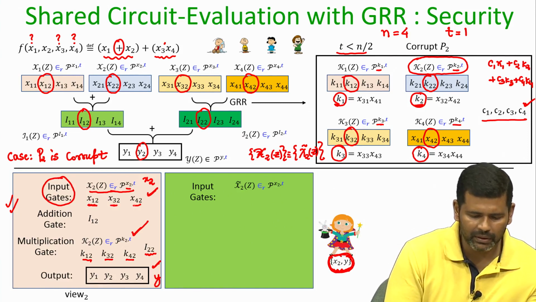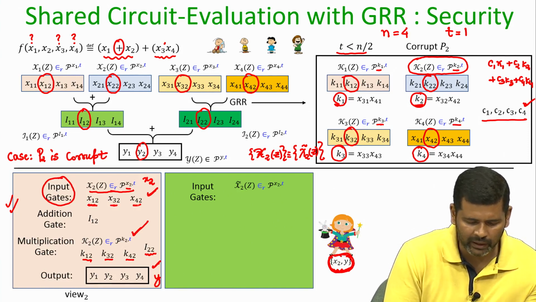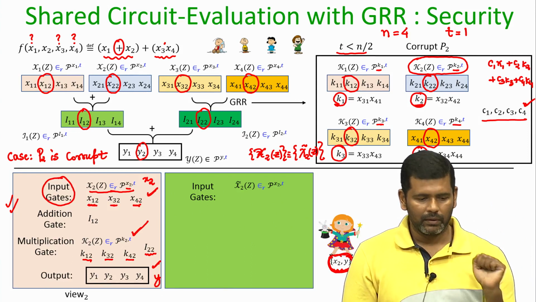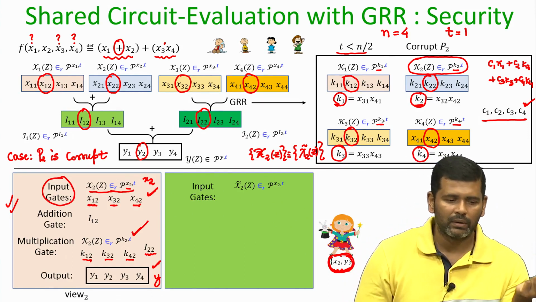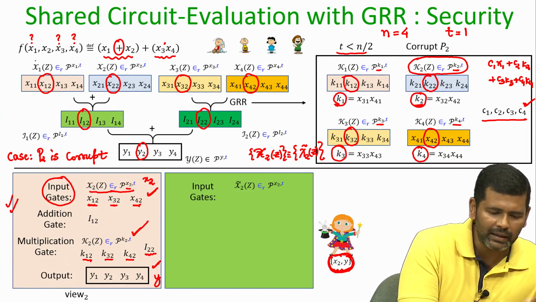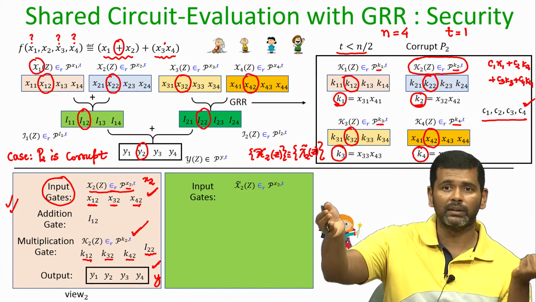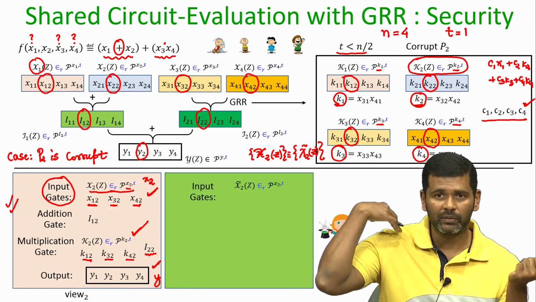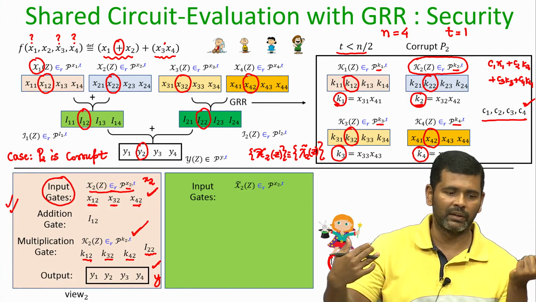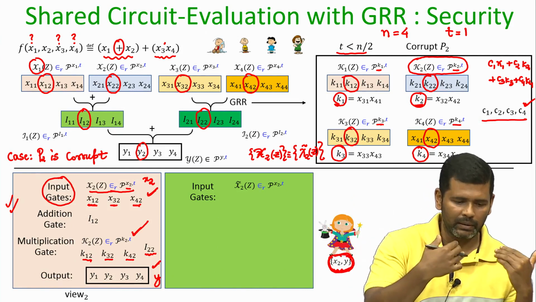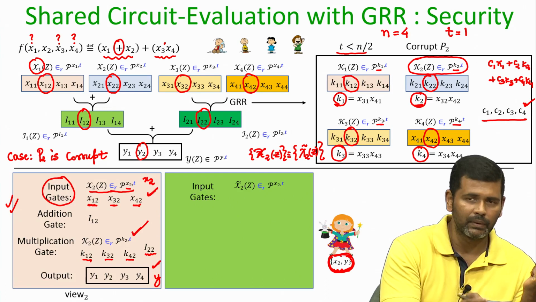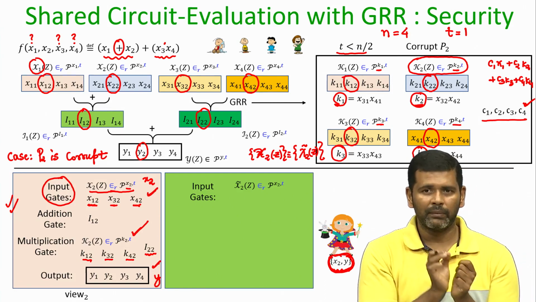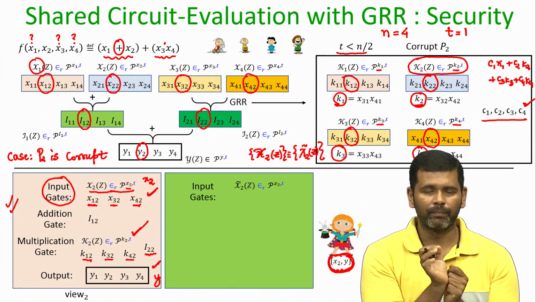Now, how can the simulator recreate this information x12, x32 and x42? Well, what is x12? x12 is a share on this random t degree polynomial picked by the party P1, and party P1 is not under the control of the adversary. So, during the real MPC protocol execution, a corrupt P2 would have just obtained a share x12.